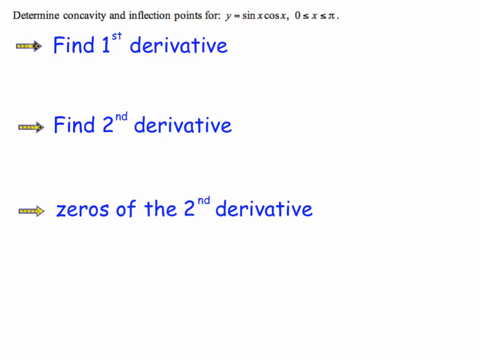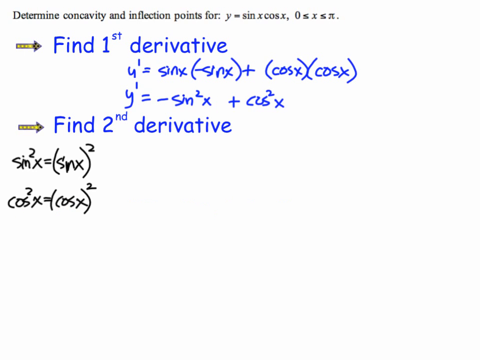First step, I have to take the derivative of y equals sine x cosine x, and I'll need to use the product rule here. So for the derivative, I leave the first term, sine x, times the derivative of cosine x, which is negative sine x, plus, leave the second part, cosine x, times the derivative of sine x, which is cosine x.